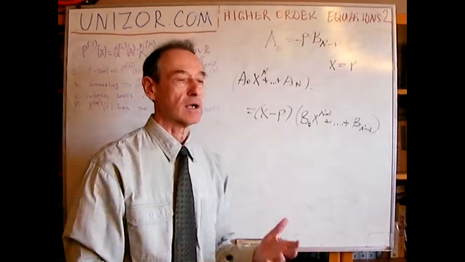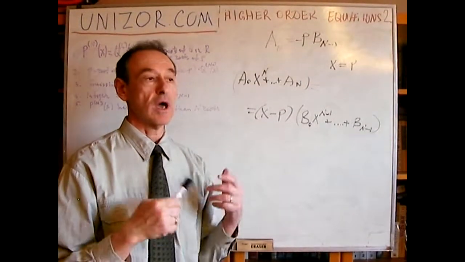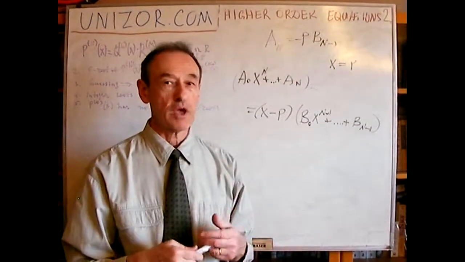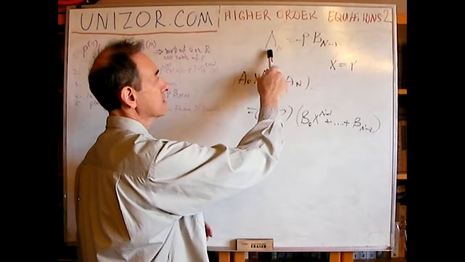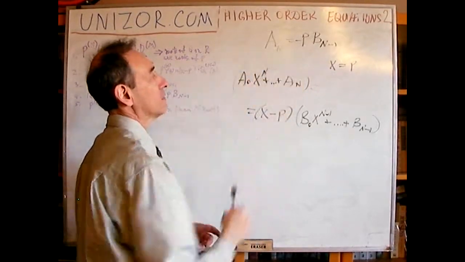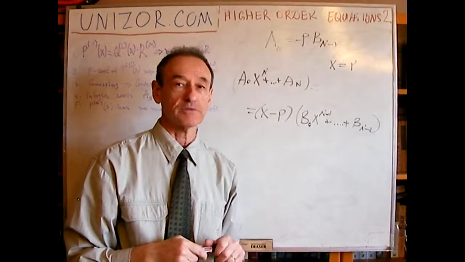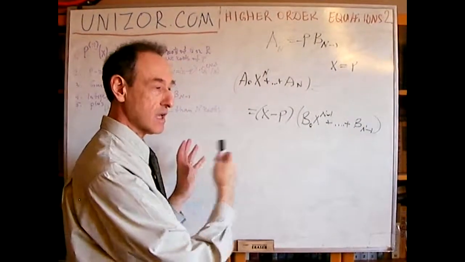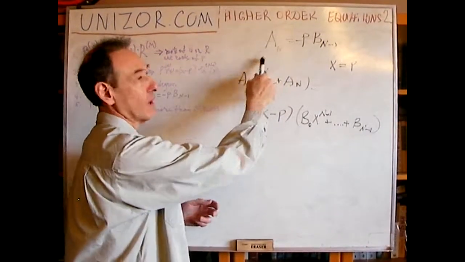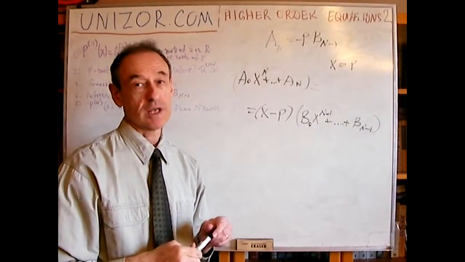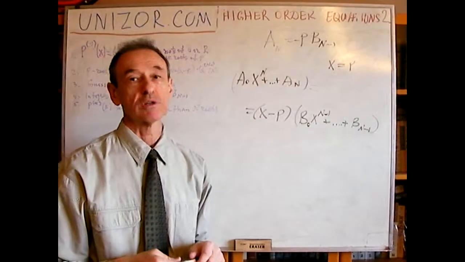So if there is an integer solution p to a polynomial equation with integer coefficients a, then this p must be one of the divisors of a_n. If you have this equation which contains only integer coefficients, look at the very last one, the free member of this equation, the constant, and look at the divisors of this particular number.